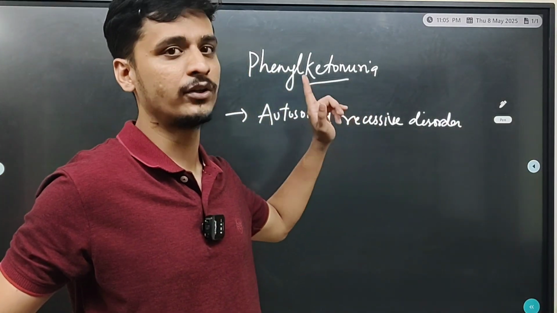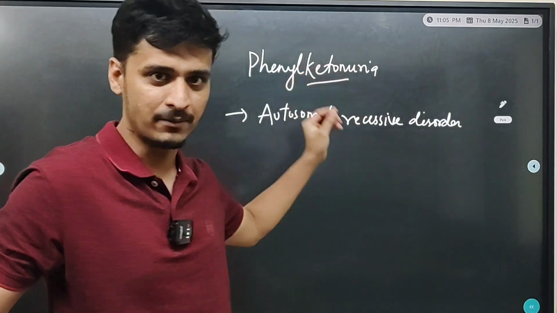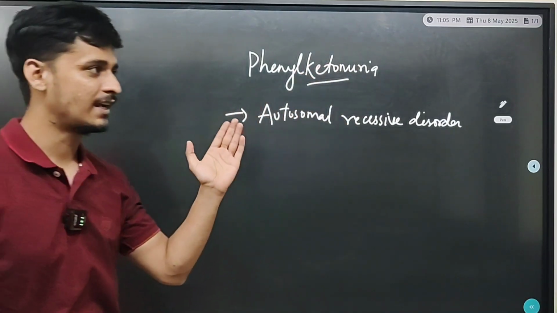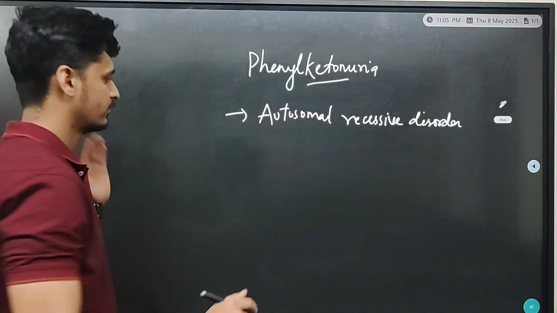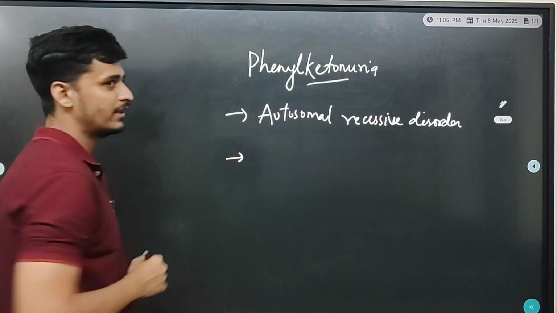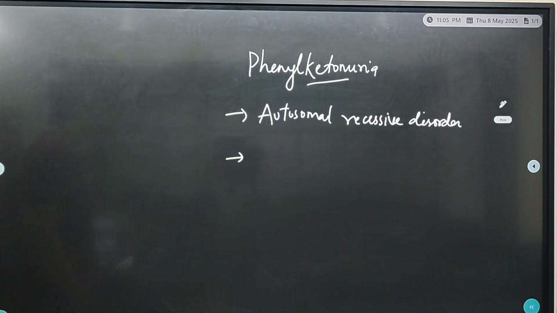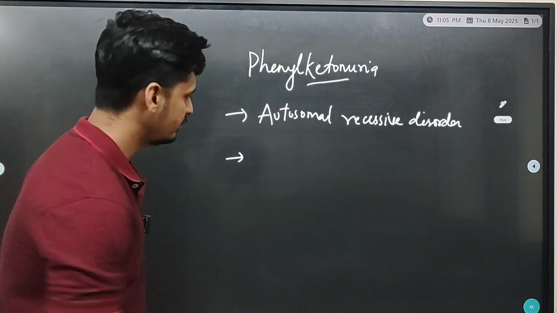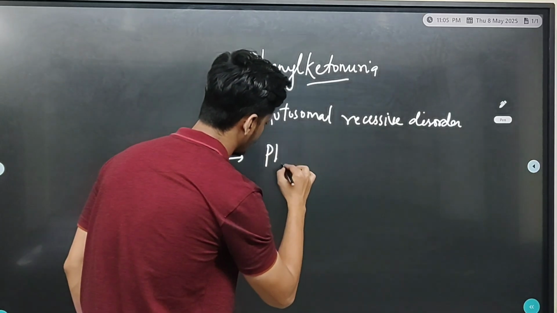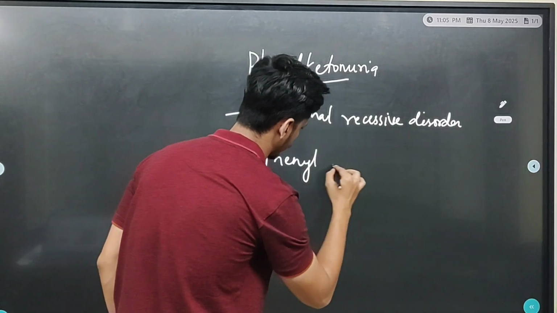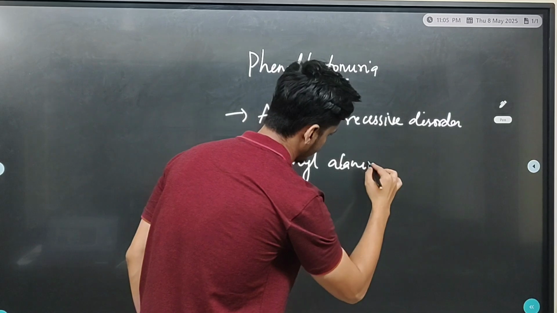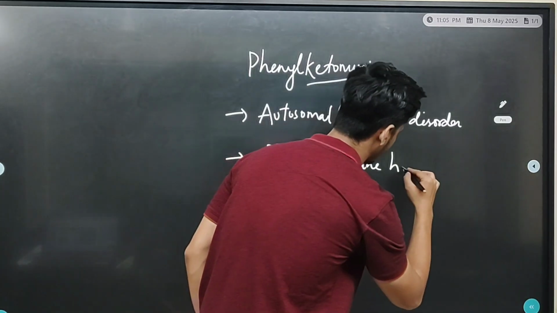So what happens in phenylketonuria? There is an enzyme which converts phenylalanine into tyrosine, and that enzyme is phenylalanine hydroxylase.